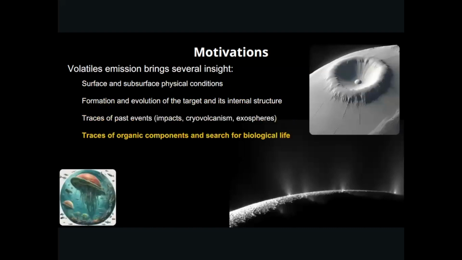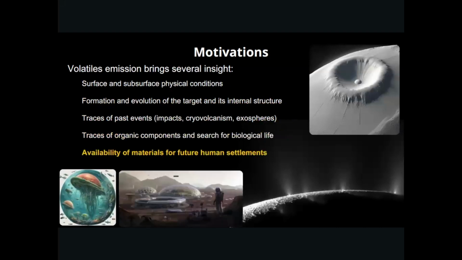But most importantly, they can also trace organic components. So this is fundamental for the search for biological life. This is what made Enceladus so interesting in the past and also nowadays, but also for the availability of materials for future settlements, so it can be interesting to know what kind of material you have on some object.